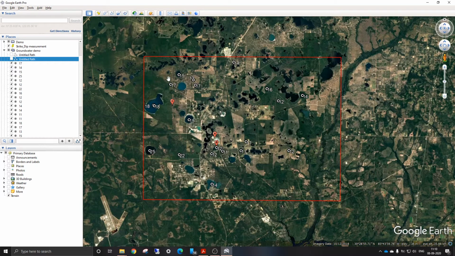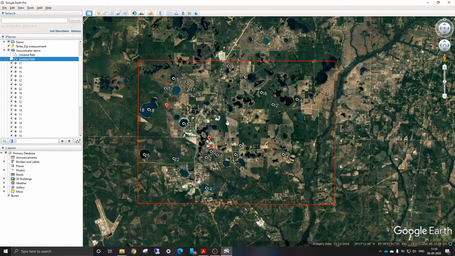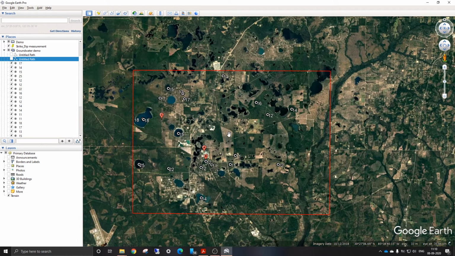After putting these points, sir has already shared a video link showing how you can draw contour lines. You can check that link. I will try to add it in the description. After putting these points, you have to draw these contour lines.